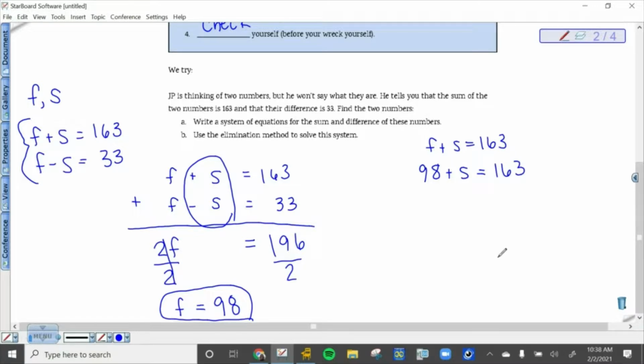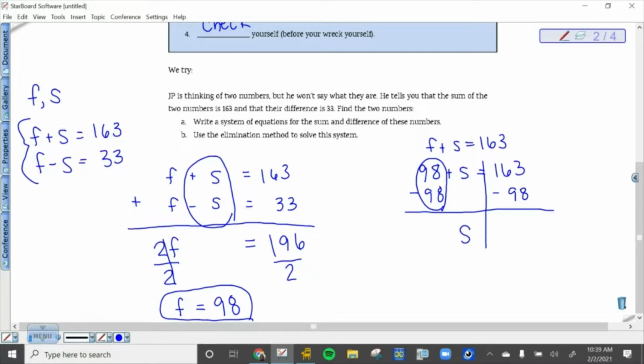And then to solve for S, what do I need to do? Subtract. Yeah, I subtract 98, subtract 98. Minus 98 gives me 0.